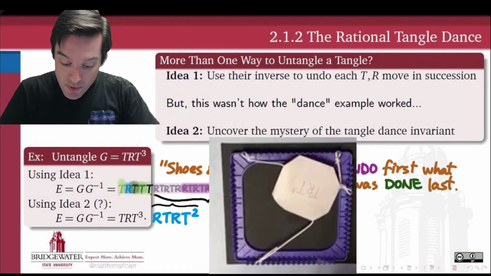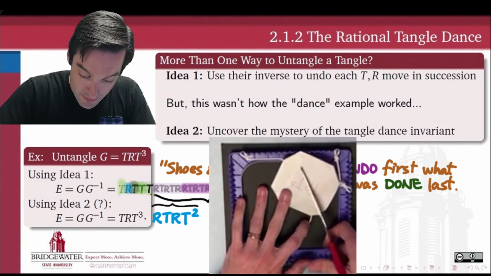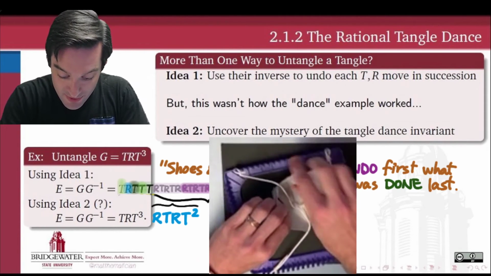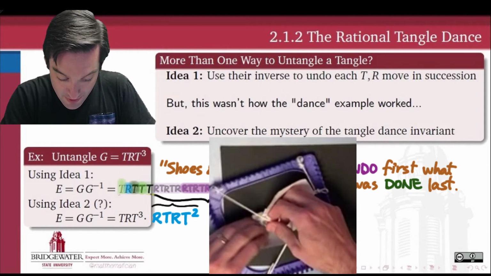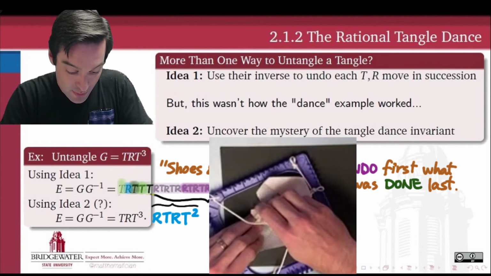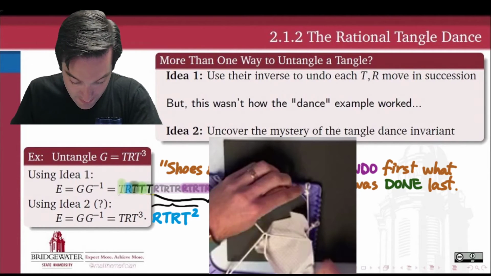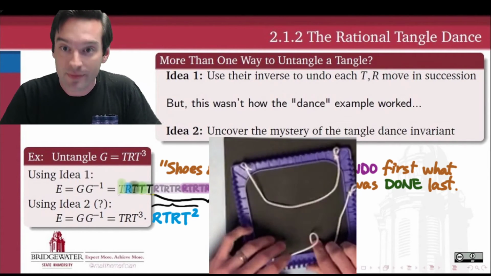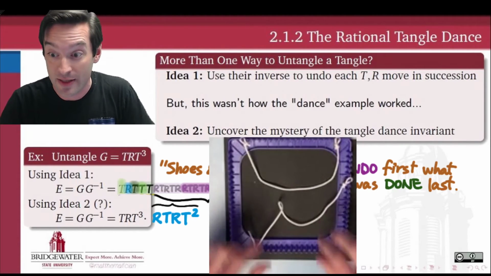And if this actually worked, then we should have a fully untangled rational tangle at the end of this process. And of course, this is the fun part of the magic trick, where we free the tangle from its envelope. And we find out that indeed all my crossings are undone, right? And I have my empty tangle again.